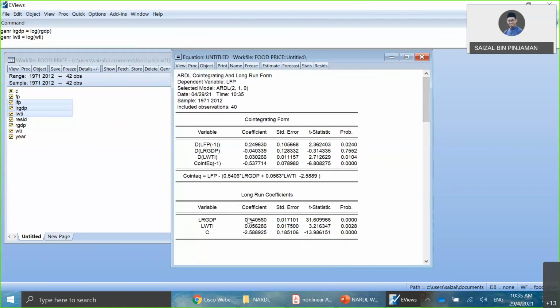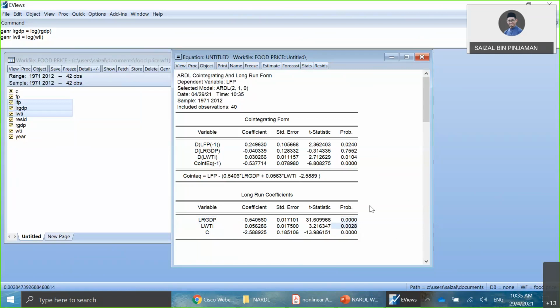Here we have the long run coefficients for gross domestic product and fuel price. You can also see that we have probability values for the GDP as well as the fuel price. This means that the probability value can be used to determine the significance of the gross domestic product as well as the fuel price in the long run.